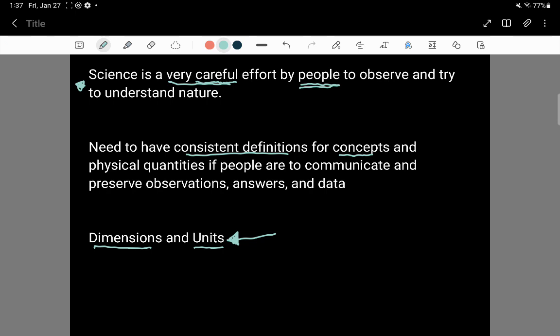And the idea is we want to be able to preserve observations in the sense of recording them and understanding later what those prior observations actually meant. Answers to questions and communicating just raw data.